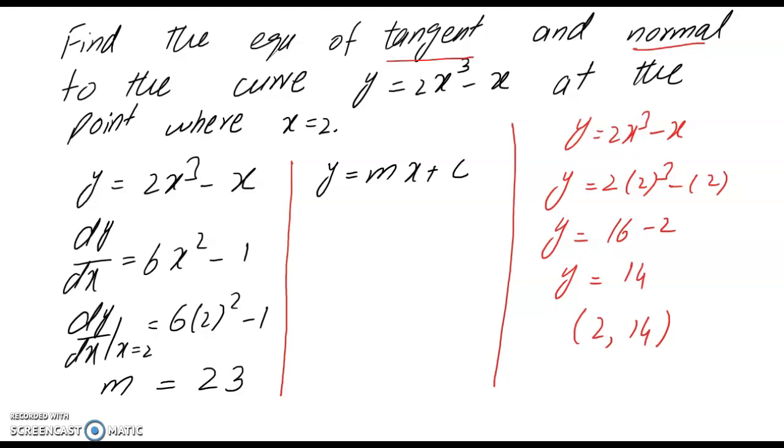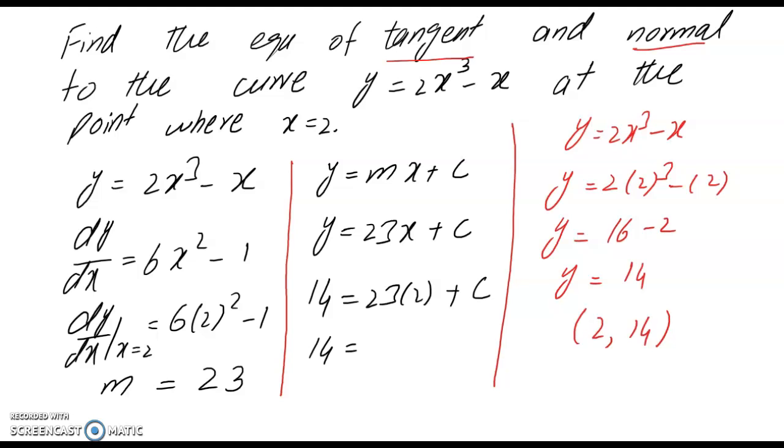Now, in order to solve further, we know the gradient is 23, so the line is y = 23x + c. Insert this point: 14 is equal to 23 times 2 plus c. This is 46.